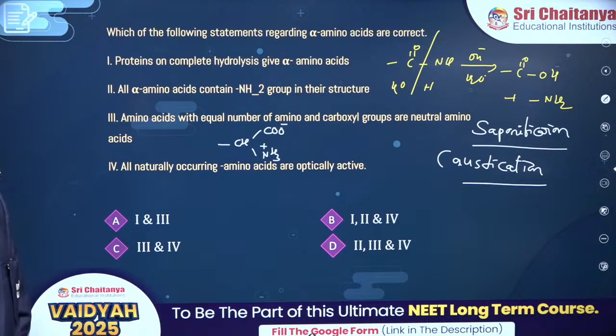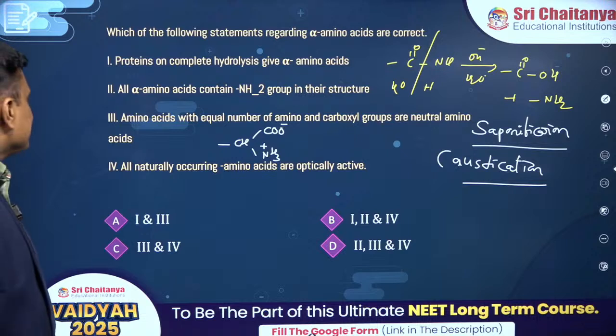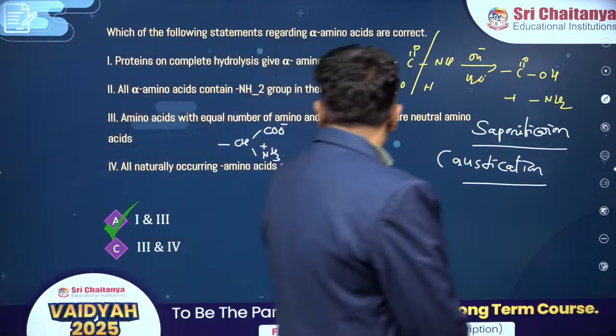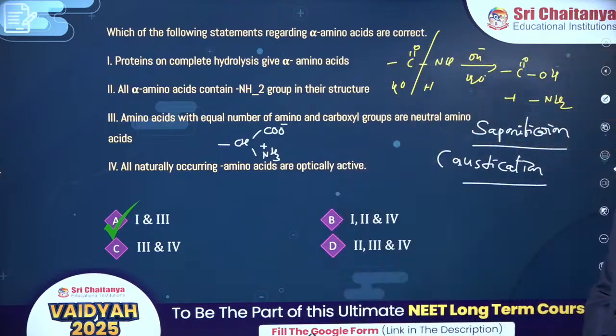You know much better chemistry, Ashley. Amino acids with equal number of amino and carboxyl groups are neutral amino acids. Looks to be correct, isn't it? All naturally occurring amino acids are optically active. It's not mandatory, alright. So 1 and 3 look to be the correct answer, like someone said.